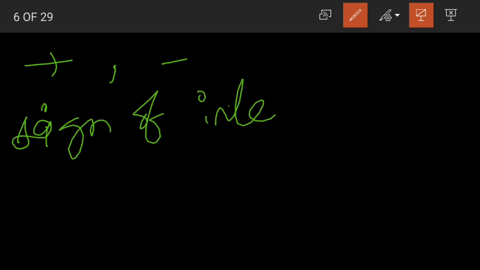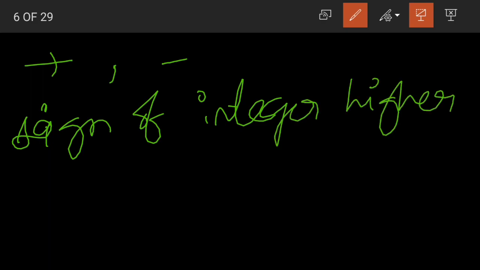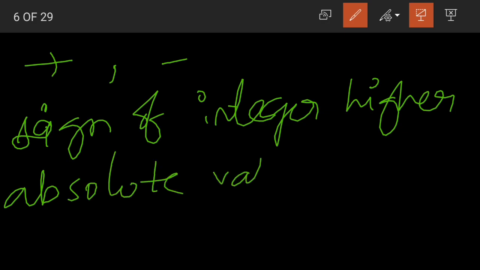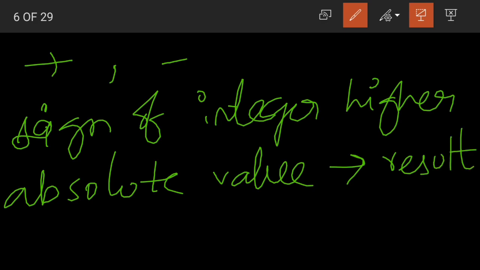But when it comes to the sign, you can simply remember that the sign of the integer with higher absolute value is given to the result. The sign of the integer with higher absolute value is given to the result.